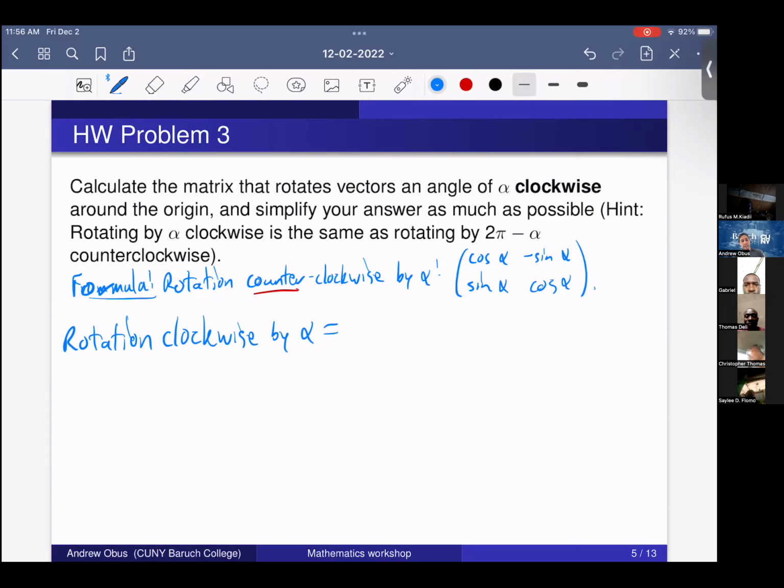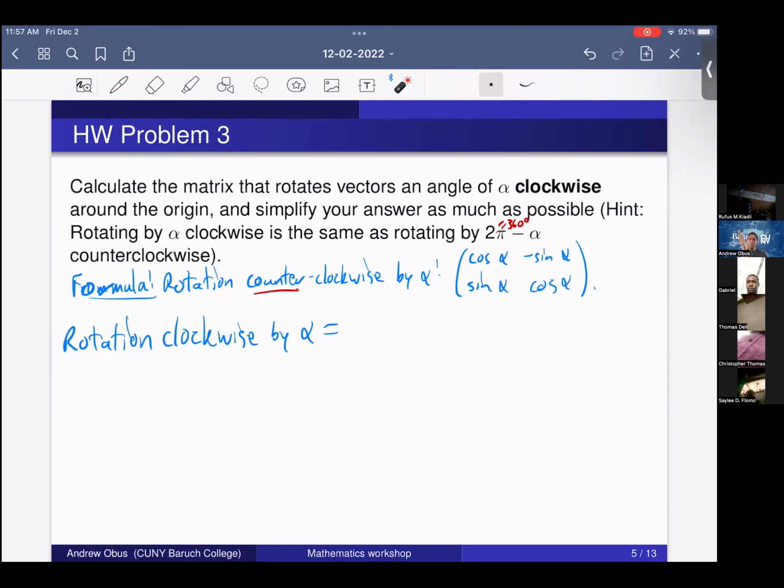Well, the hint is that rotating clockwise by alpha is the same thing as rotating counterclockwise by 2 pi minus alpha. Remember, 2 pi is the same thing as 360 degrees. So if you rotate clockwise by 90 degrees, it's the same as rotating counterclockwise by 270 degrees.